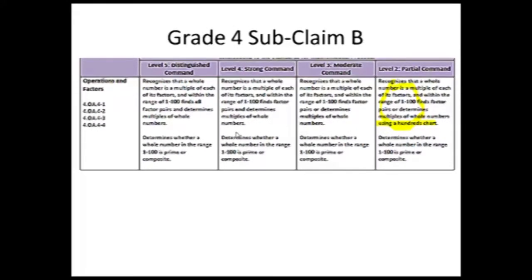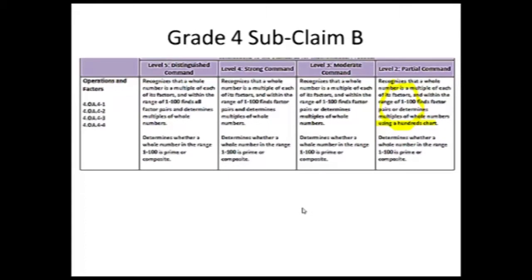So what you want to do is take a look at, when you're dealing with factors and multiples in 4th grade, how much scaffolding you are doing with the children. You want to start certainly with that scaffolding, but eventually over the course of the school year wean them off of you, if you will.